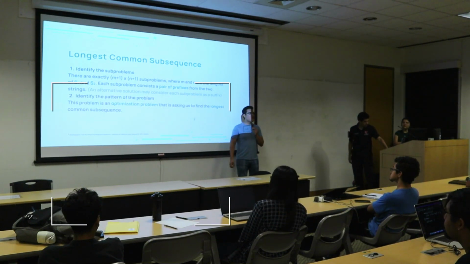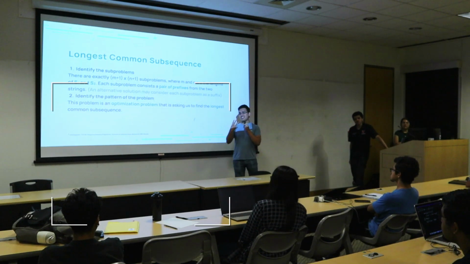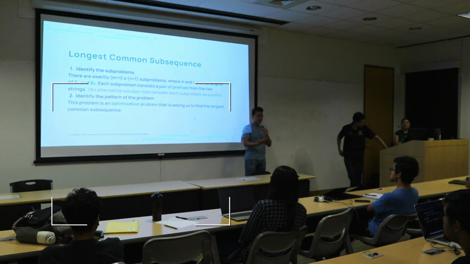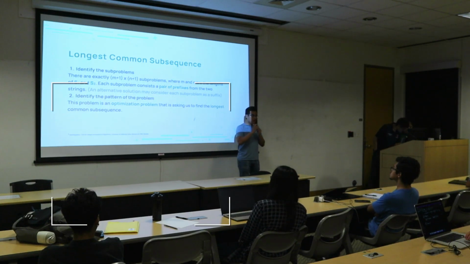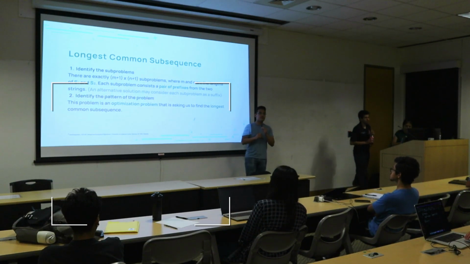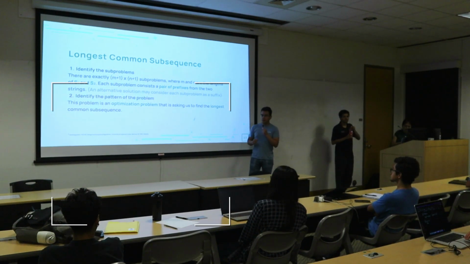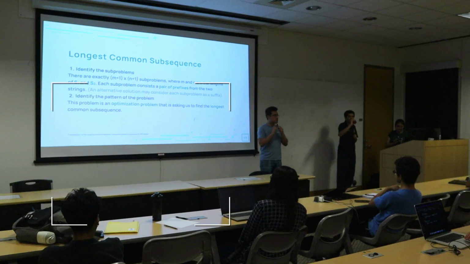All right, and now we're on to our third step, which is our recursive formulation, our formula. The way I like to create my formulas when it comes to DP is to think about the scenarios we're going to face. Remember, we're looking for the common subsequence. What does the word common mean to you?